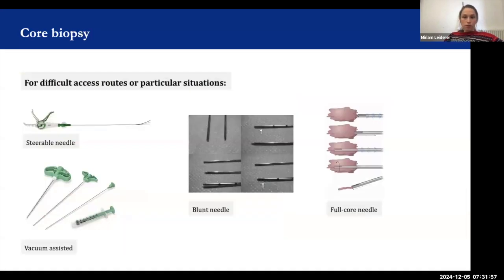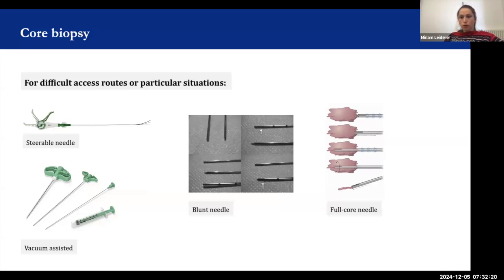There are a few special biopsy needles. Most of them are not used that much, I think. There's a steerable needle, which is quite self-explanatory, where you can steer the tip, and so the direction of your biopsy at the tip. There are blunt needles.